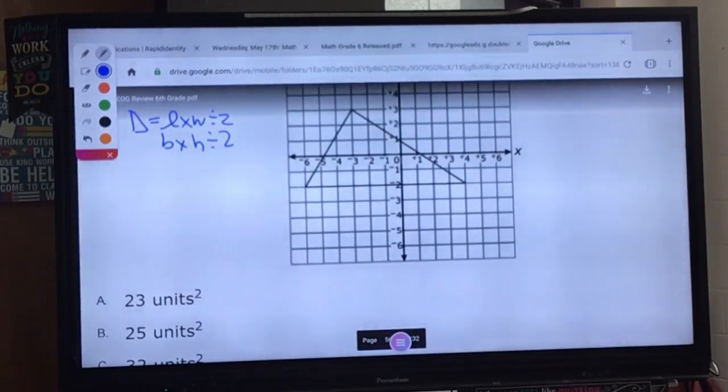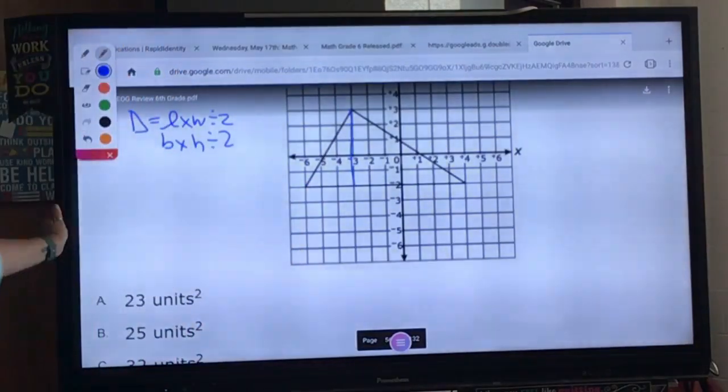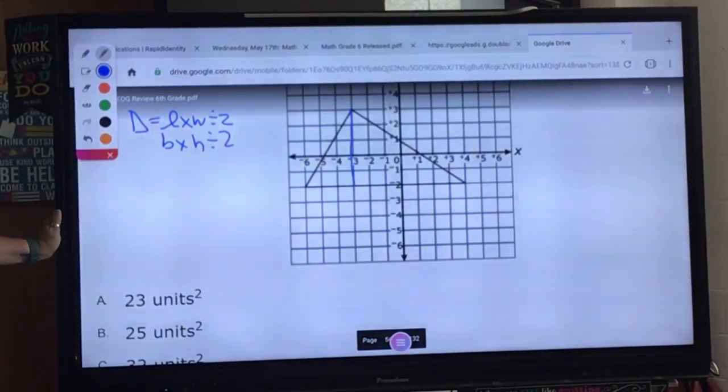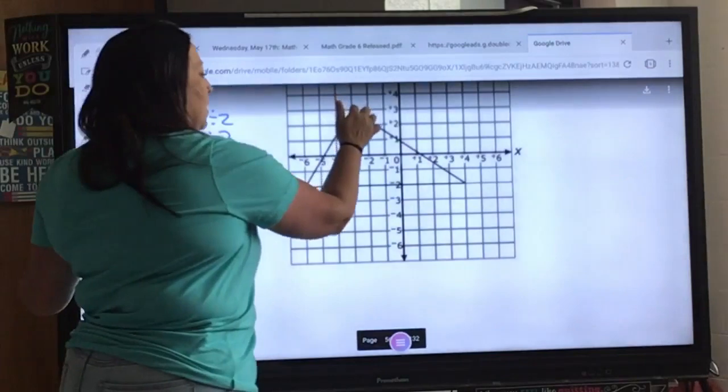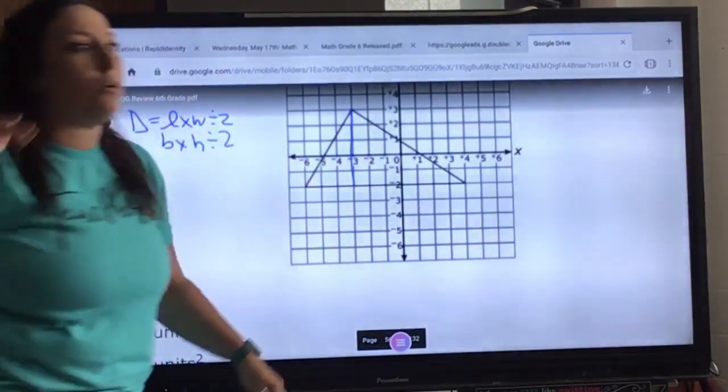You have to draw a line through like this. So from here to here? And why is that important? Right, so that gives us our height or our width, right? Alright, so from the tip to the base, you make a perpendicular line.